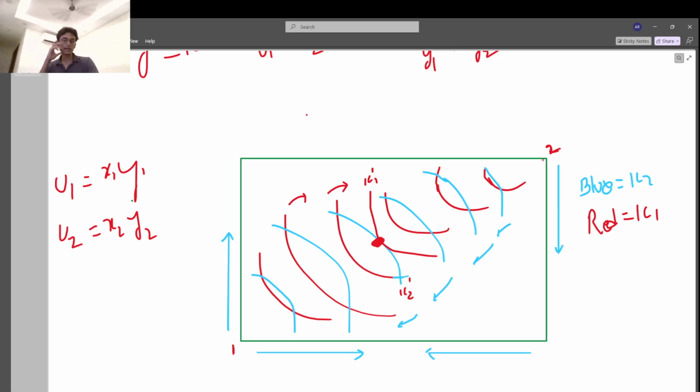Or maybe one can attain a higher level of utility and the other remains at the same utility level. Can you find an allocation like that if they are at A?